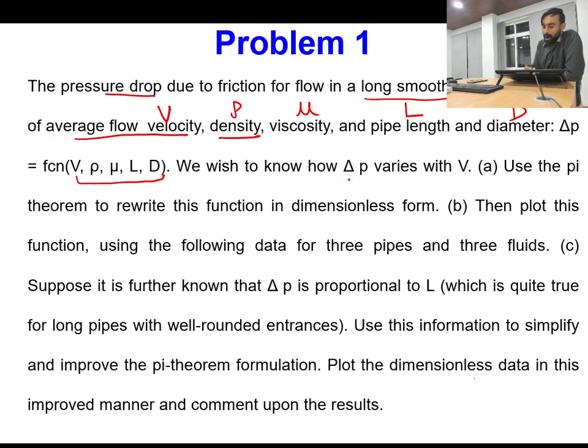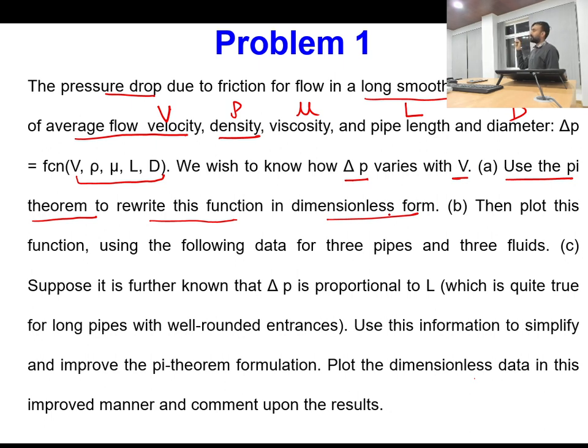We wish to know how delta P varies with velocity. So our output parameter is delta P and input parameter is velocity, but along with that there are other involved parameters also. But our major interest is to see the variation of pressure with velocity. So we have to use the Buckingham pi method to rewrite this function in dimensionless form.